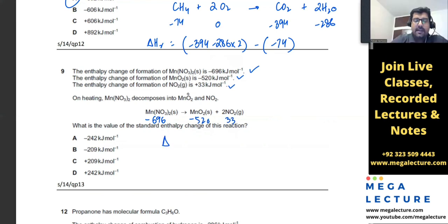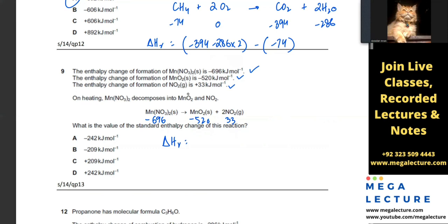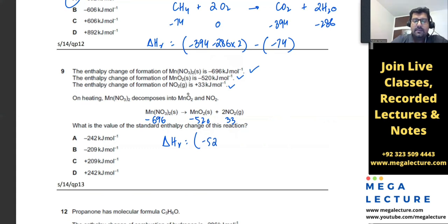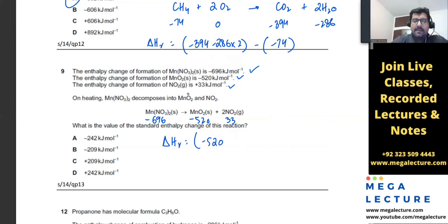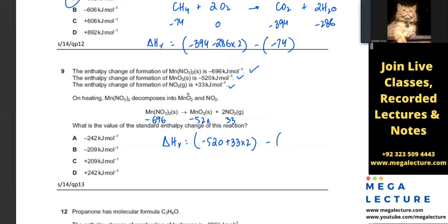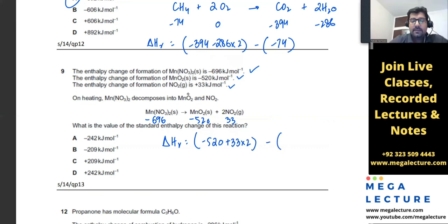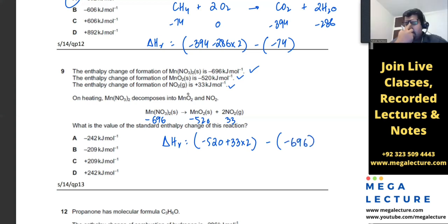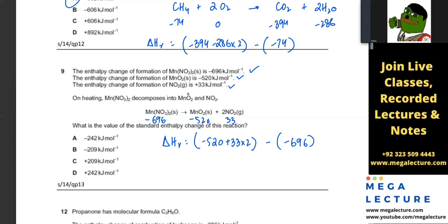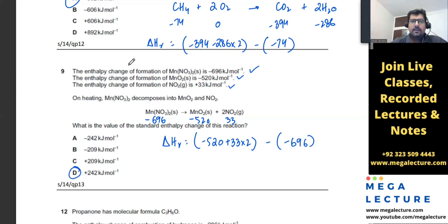So the enthalpy of the reaction will be minus 520 and plus 33 times 2, and minus the reactant, which is minus 696. What do we get? Positive 242.